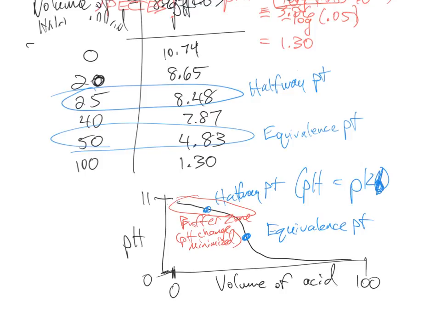Then we have the halfway point at 25 milliliters. Then we're approaching the equivalence point at 40. We're at the equivalence point at 50, and we're beyond the equivalence point at 100 milliliters of acid, where you have leftover hydrogen ions.